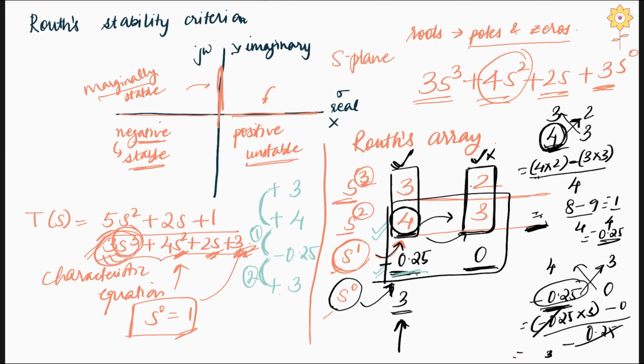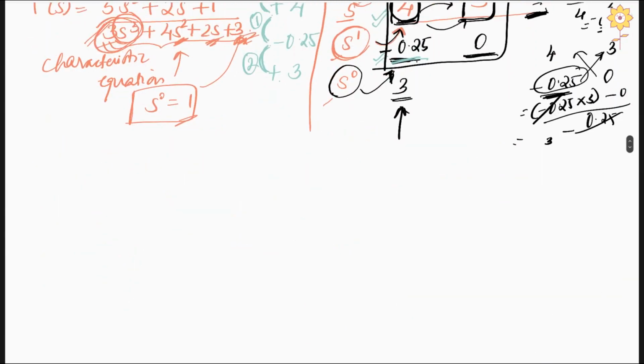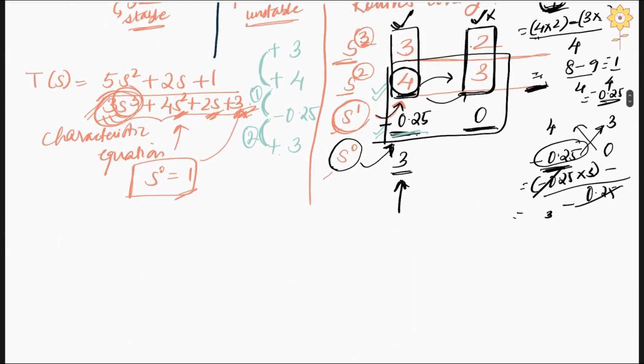So, the number of sign changes is equal to the number of roots that are present on the right side of the S plane.